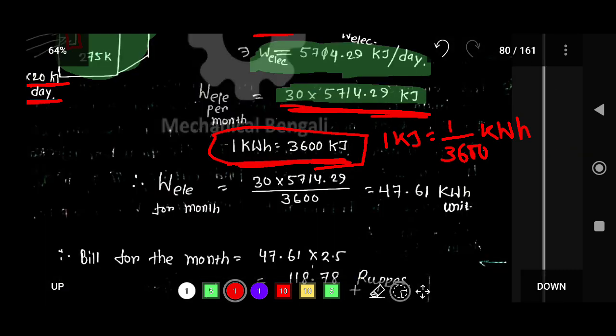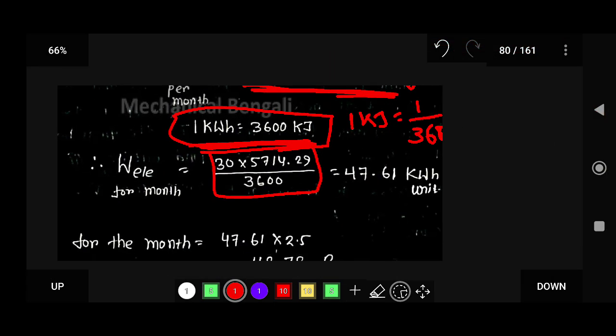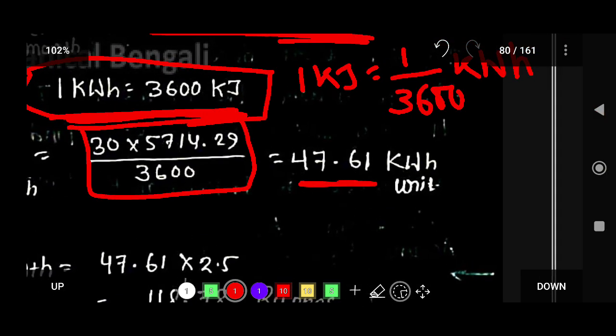To convert into kilowatt hour, divide 30 into 5714.29 by 3600. The result is 47.61 kilowatt hour, which is the units for a month.